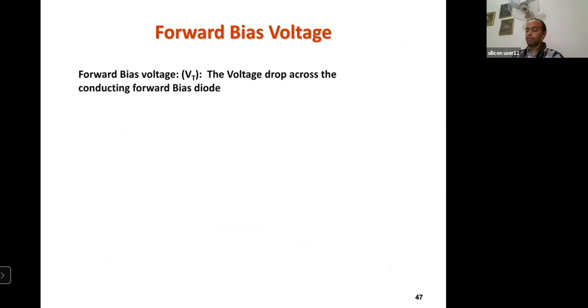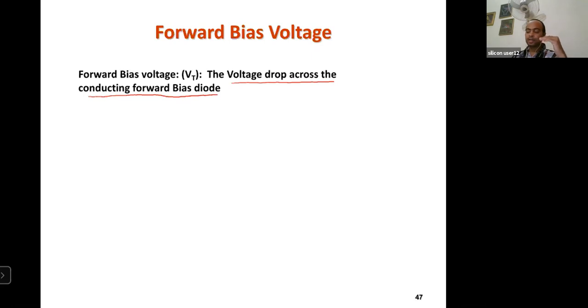This forward bias voltage, as per the definition, is the voltage drop across the conducting forward biased diode. That means the diode which is forward biased and conducting. It will conduct when the input voltage is more than its threshold voltage. As in the previous example, we applied 5 volt and the diode is consuming 0.7 volt, which means it is conducting, so it is forward biased and conducting.